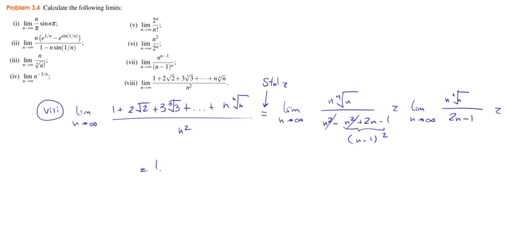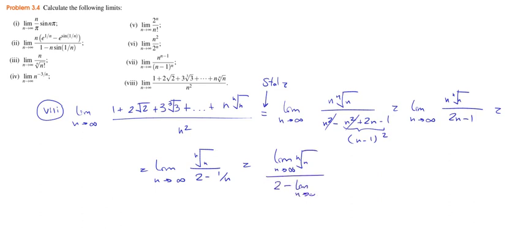So now we divide above and below by n, so you have nth root of n divided by 2 minus 1 over n, and so this is just the same as the limit of this divided by 2 minus the limit of this. This is going to 1, this is going to 0, so this is 1 over 2. Okay? That's it.